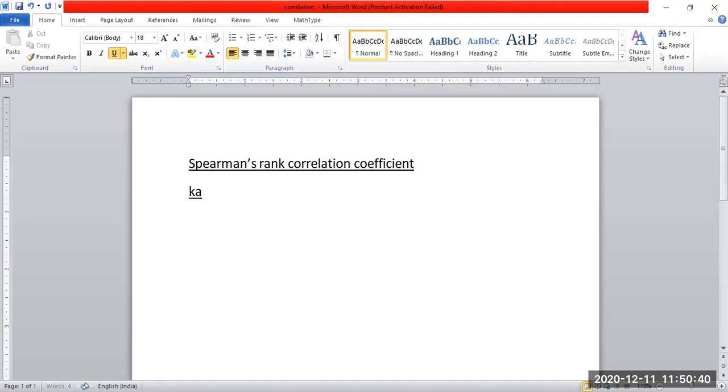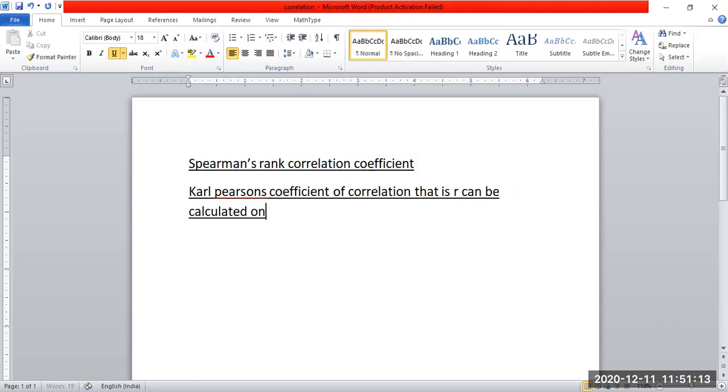Please note down. Karl Pearson coefficient of correlation, that is R, can be calculated only if the variables under study are quantitative.